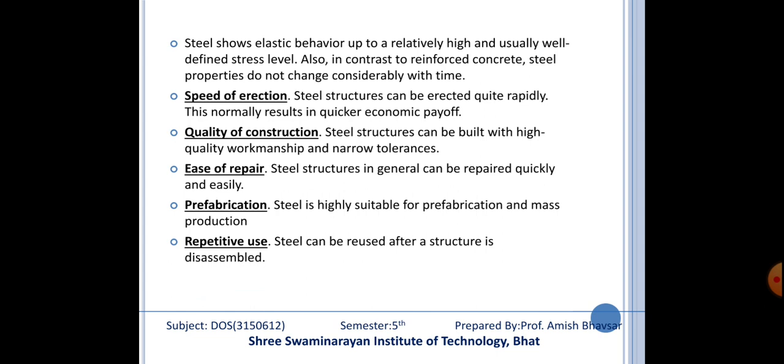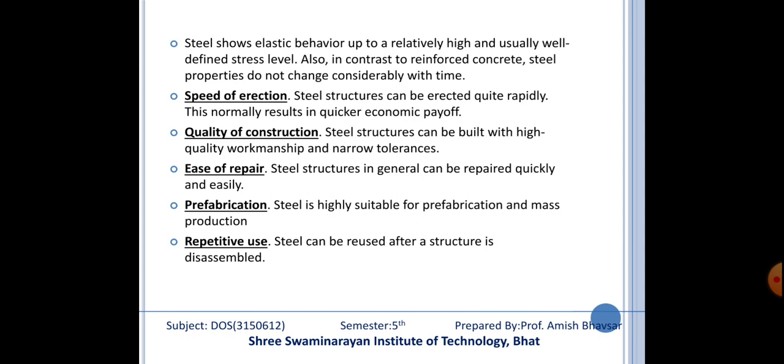Number three, erection is very fast. If we compare the RCC structure with steel, then in RCC structure a minimum time should be allowed for setting of the concrete. For the casting and setting of concrete, a slab will take around 14 days.